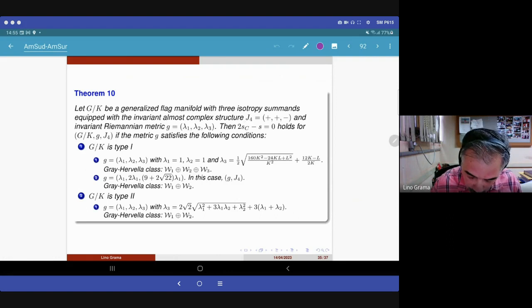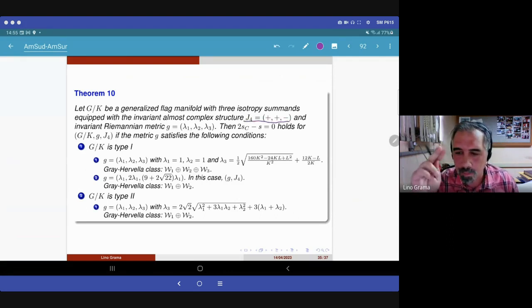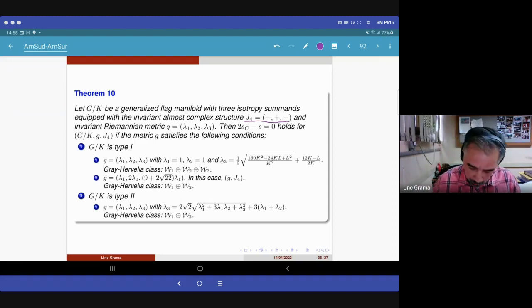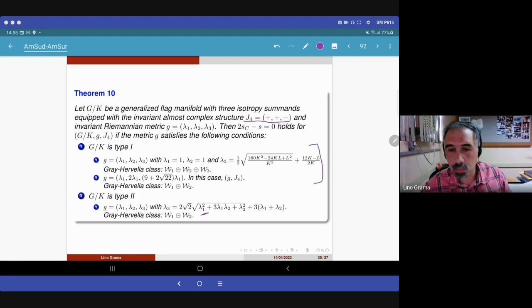And the last one here, in this case, is non-integrable in both cases. In type 1 and type 2, neither of these is integrable. And then here we have solutions in the W1 plus W2 class. And here we have another family of solution.